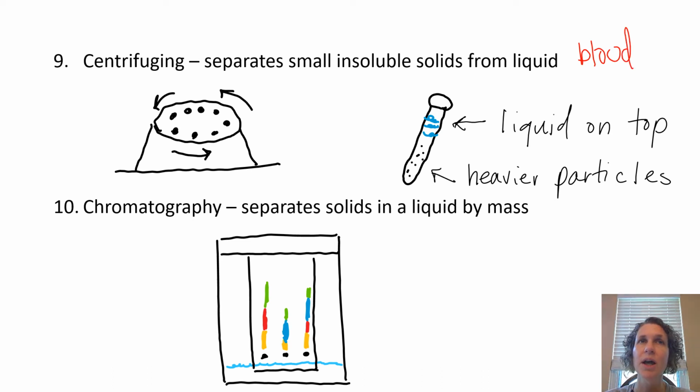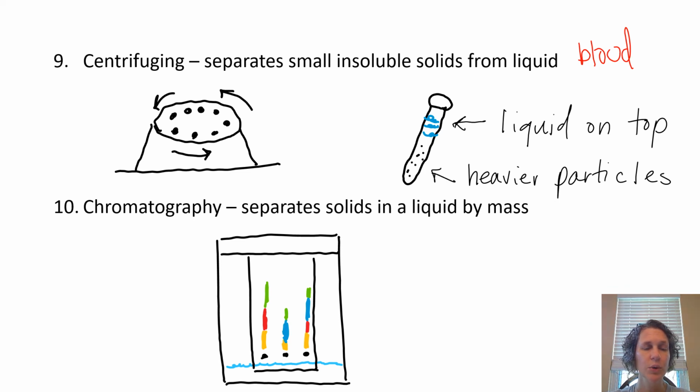If you have a blood sample in this test tube, it will spin it, and the heavier particles will go to the bottom, the white blood cells, red blood cells, and then the plasma and the water, which is the majority of it, will be on the top. So if they're trying to do different studies of that blood, then they can separate out the parts.